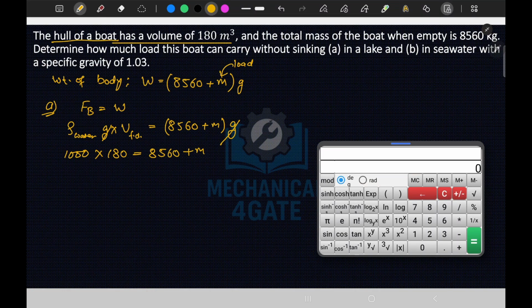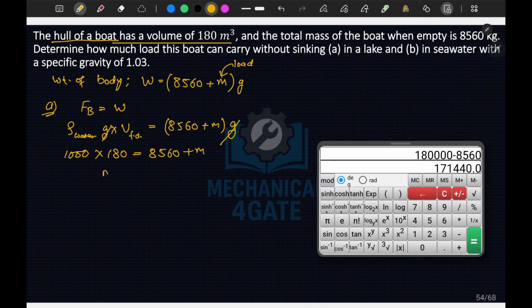This is your 180,000 minus 8560. So the total amount of mass that can be loaded in case of plain water is 171.44 tons. And 1 ton is equal to 1000 kgs here.